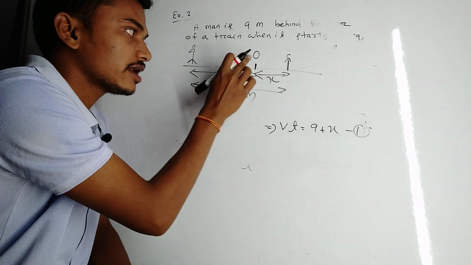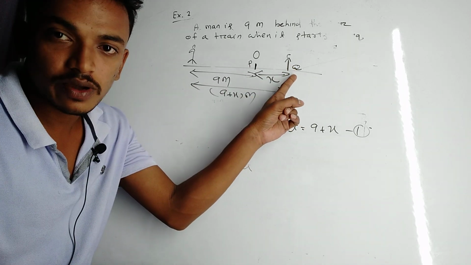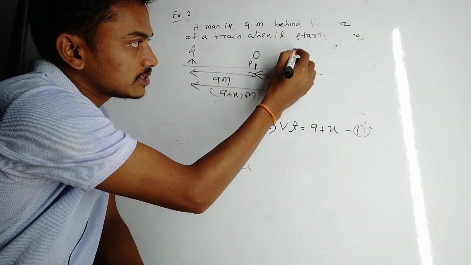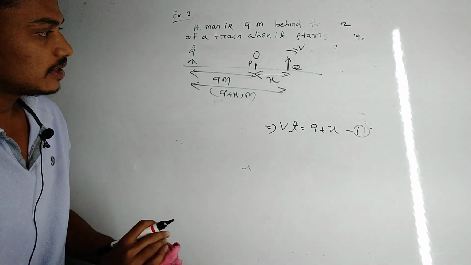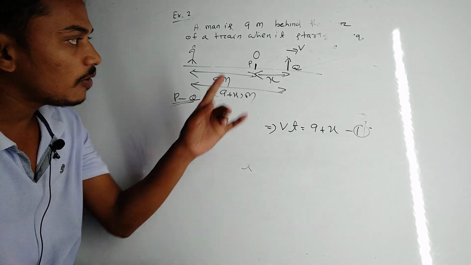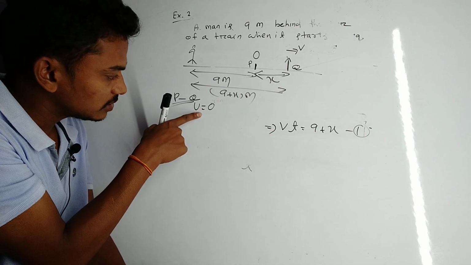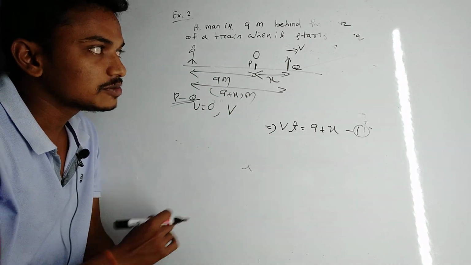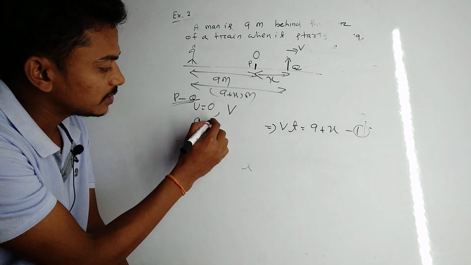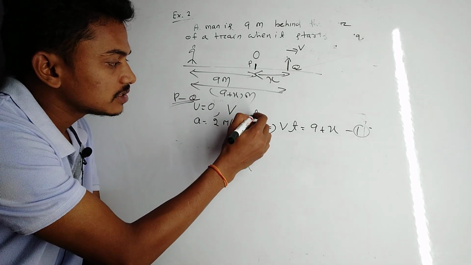Initially the train was at this point, say p, and this is q, the point where the man gets into the train. At point q the velocity of the train is v. Consider the motion of the train from p to q. The initial velocity u of the train is 0, the final velocity is v at point q, the acceleration is given as 2 meter per second square, and the time is t.